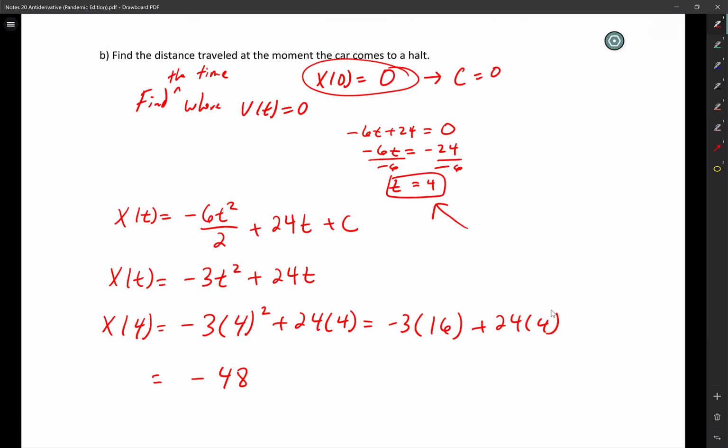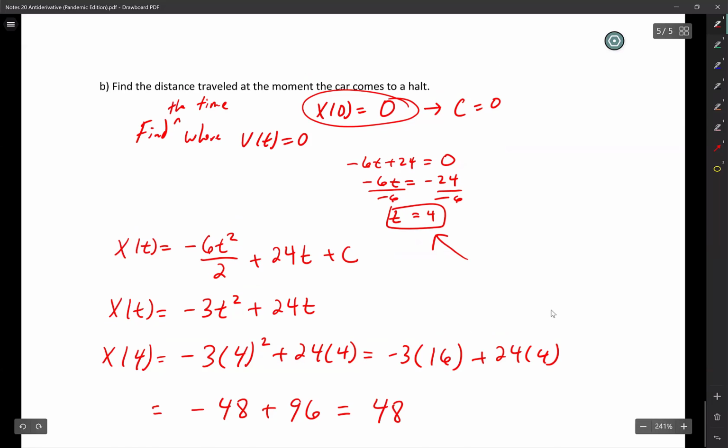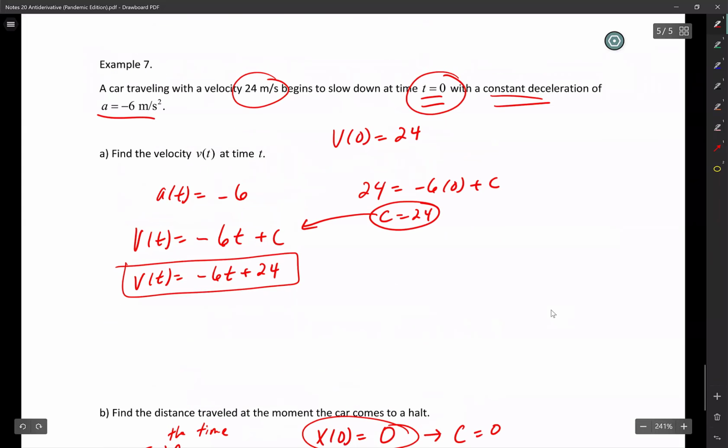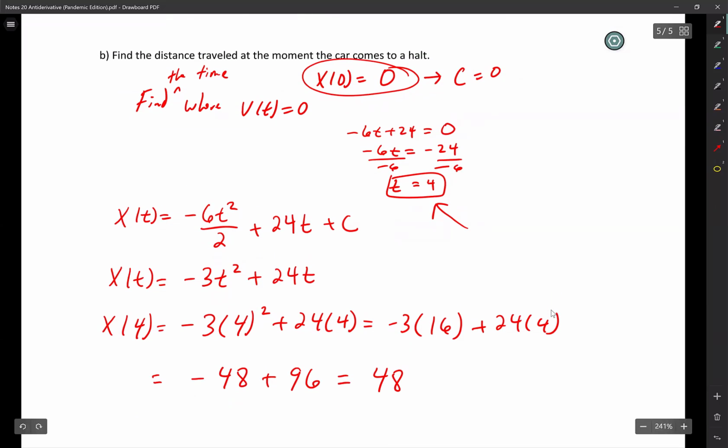Plus 24 times 4 is 96, because 25 times 4 is 100. And the difference between 48 and 96 is 48. So I have traveled 48 meters.